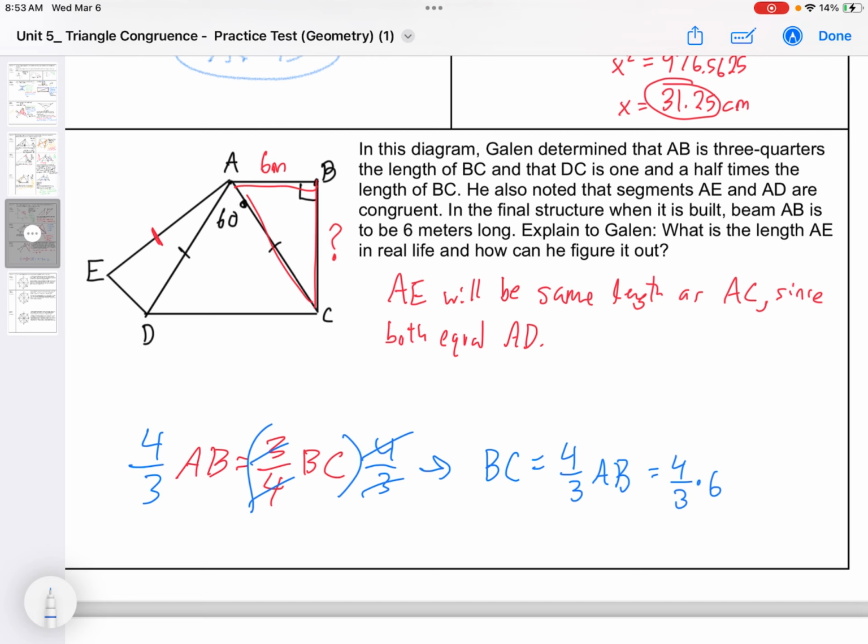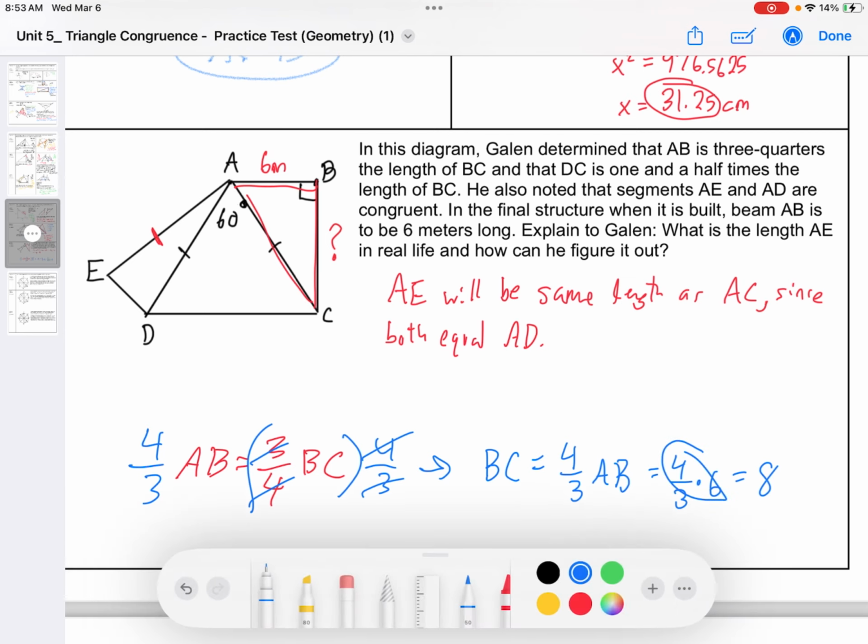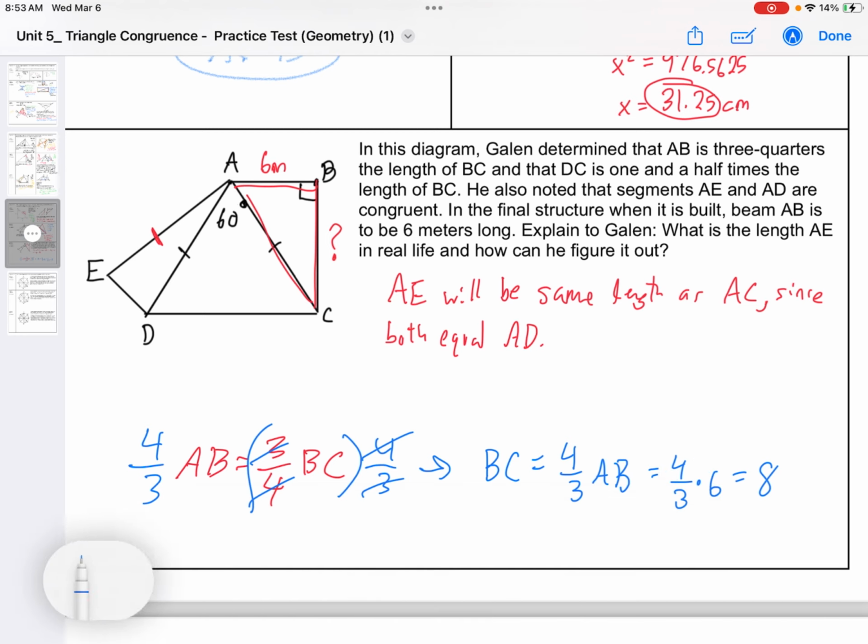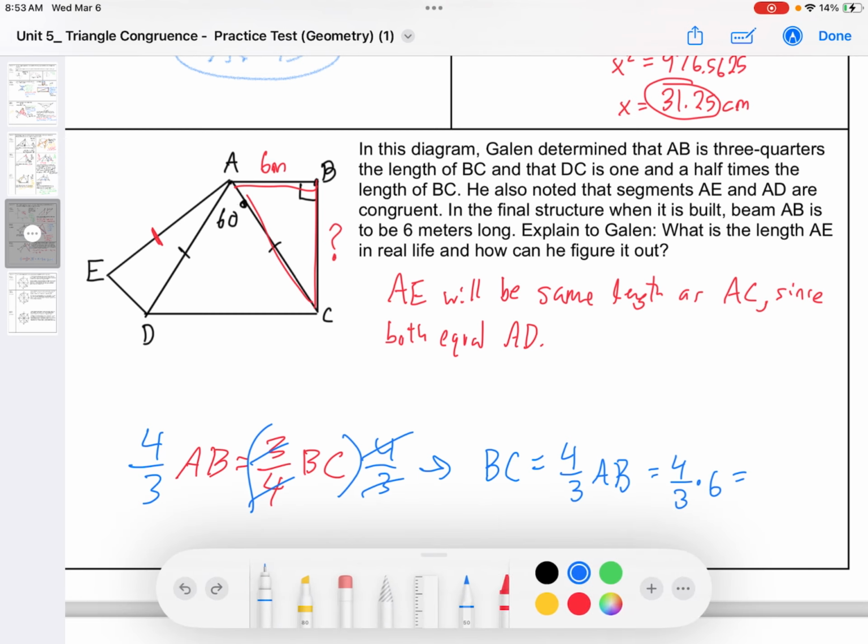That's 8. By the way, you can do that by doing 6 times 4 is 24, and then divide that result by 3, which would give you 8. So that means that this length, the question mark length, which is BC, is equal to 8. Write that on here.